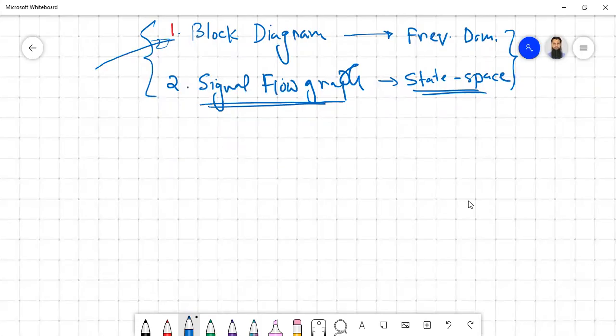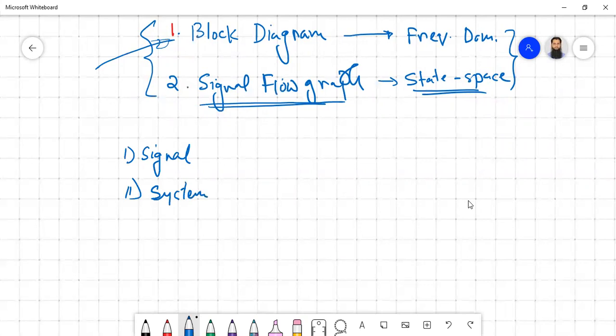Now, for the block diagram, some of the parameters we have already seen, but we also need some additional parameters. First of all, we need signal. We already know signals like input and output. Then we have system, the transfer function in the box.